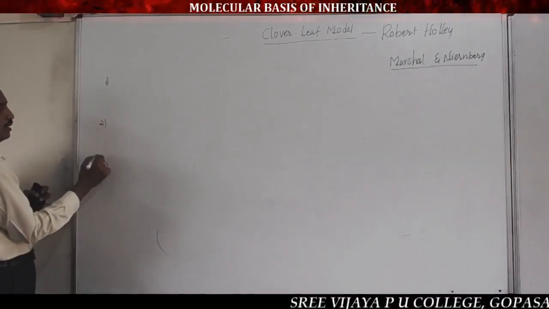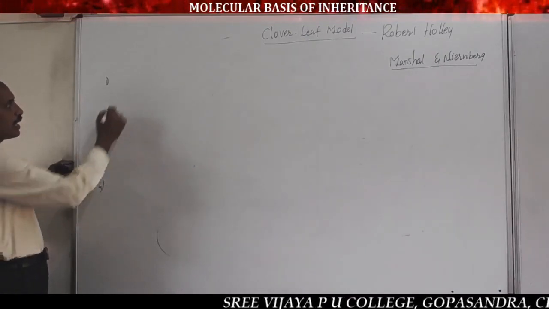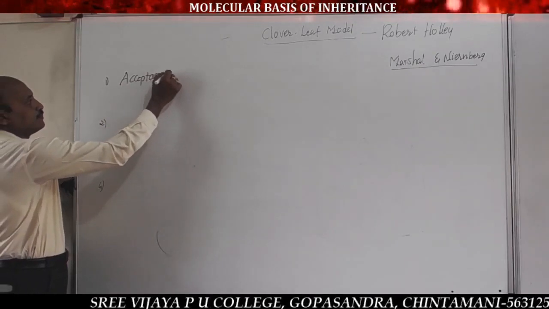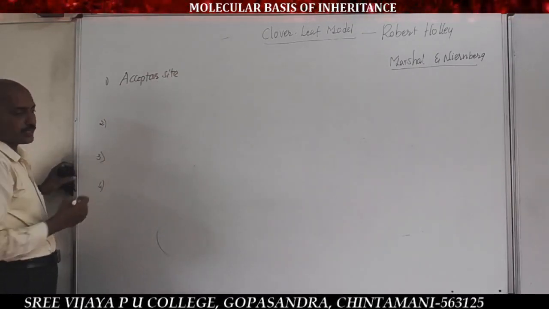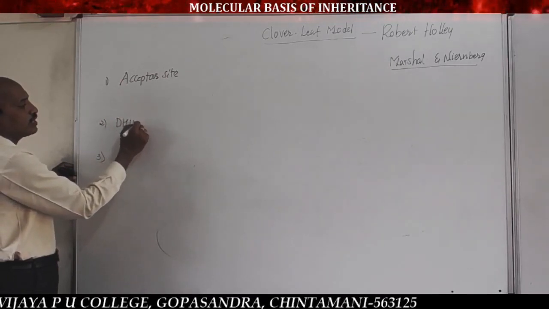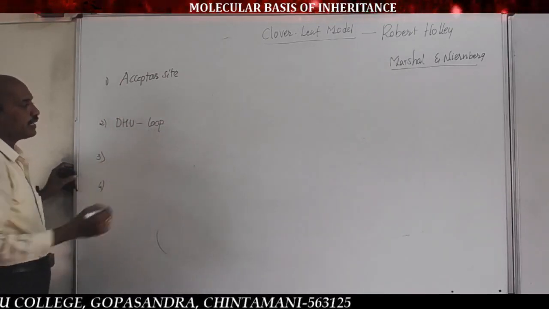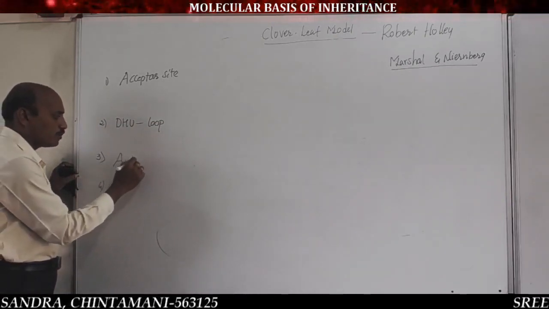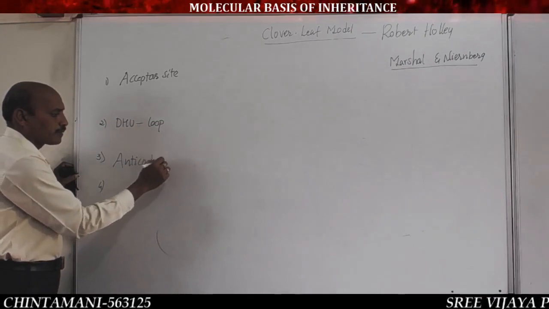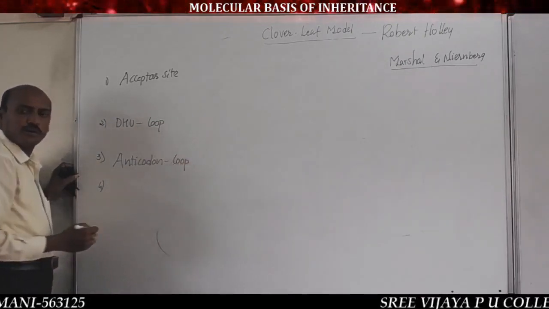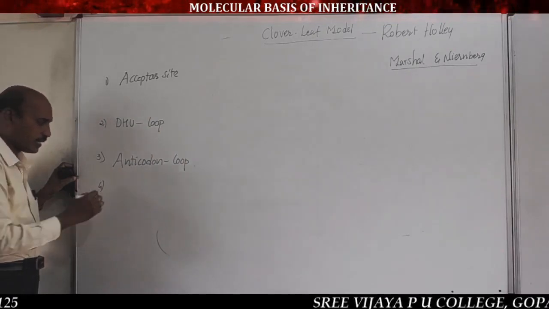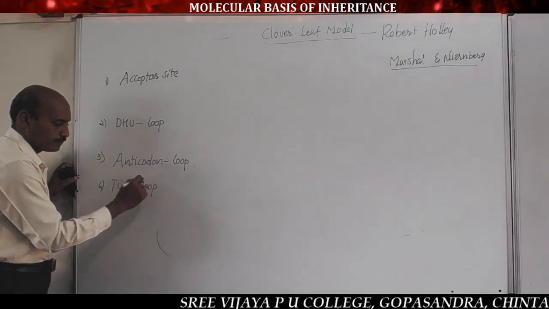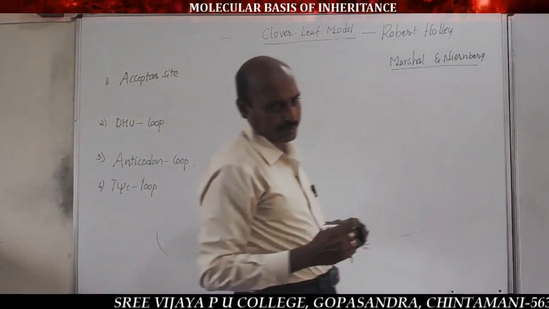The four parts are the acceptor site, the DHU loop, the dihydrouridine loop, the anticodon loop or anticodon site, and the T-psi-C loop or attachment site.